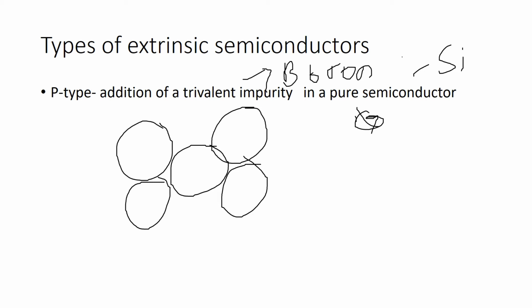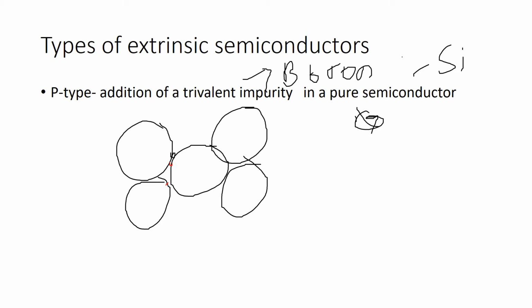So because silicon has 4 valence electrons, while boron has 3 valence electrons. Now for the covalent bond to be formed, silicon gives 1 electron and boron gives 1 electron.